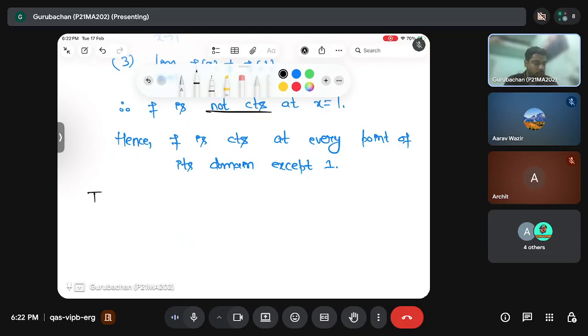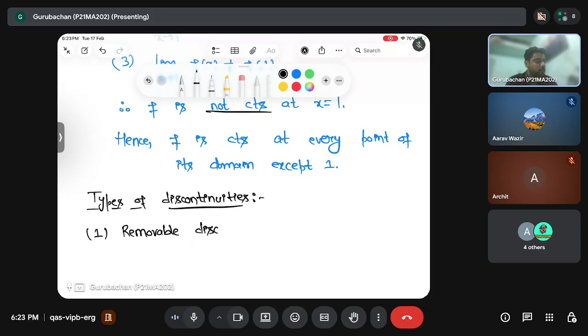Since the word discontinuity has come here, what can be the types of discontinuities? Removable discontinuity. What is removable discontinuity?